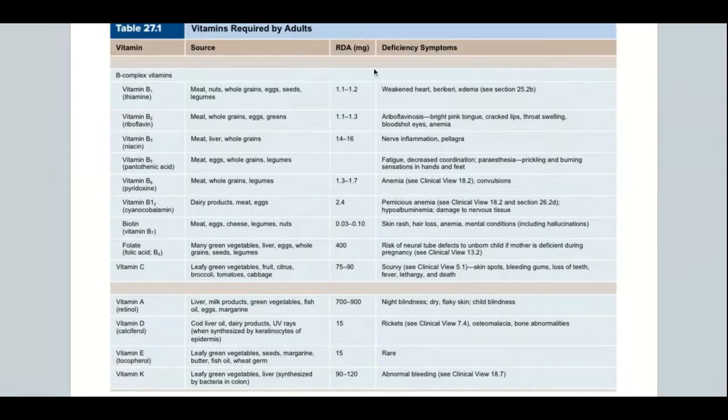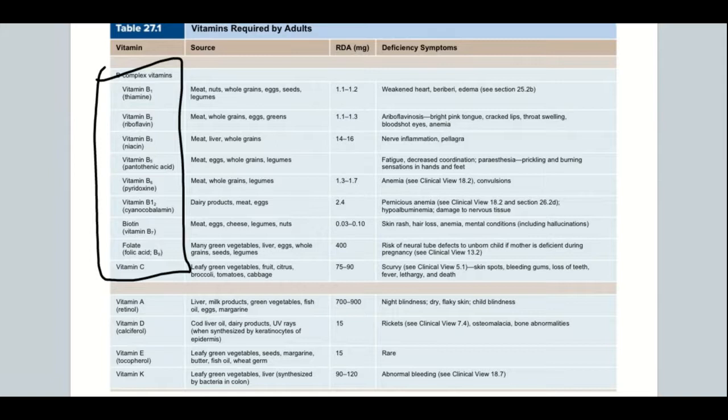The solubility is how this table is organized here. Your water-soluble vitamins are all these B's and the C. So these are water soluble. And I don't know why on this picture it doesn't say that, but in your textbook it does.